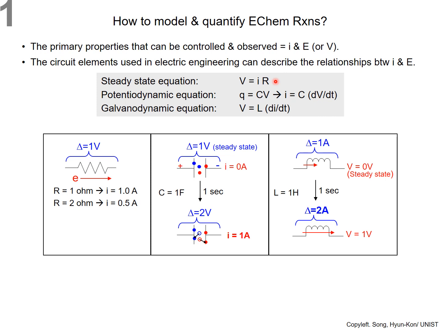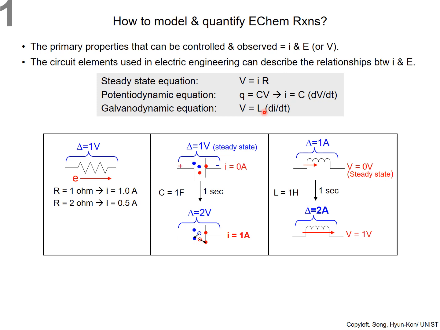How about the third? It's time to differentiate the current instead of voltage. So voltage is proportional to the first derivative of current with respect to time, and the proportionality constant is defined as inductance.